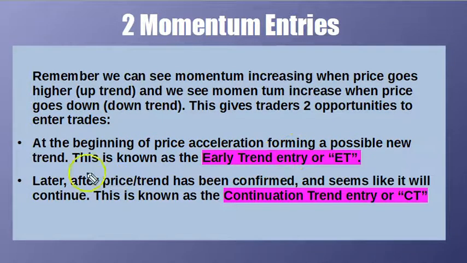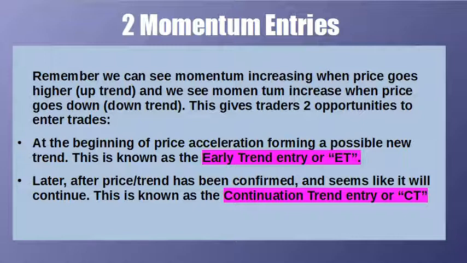It forms a possible new trend. This is known as the early trend entry, or the ET. So we could look at getting into an early downward trend, and this is called an ET entry. It would be the opposite for an uptrend price acceleration.